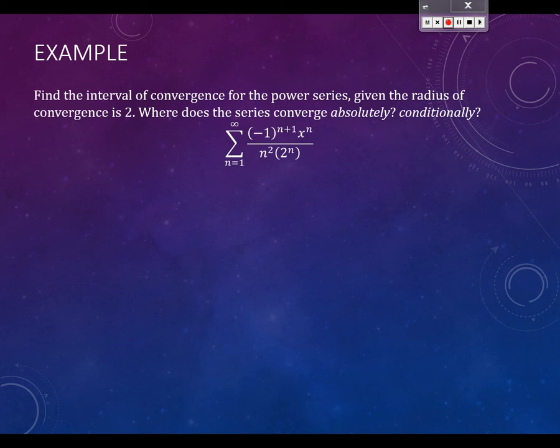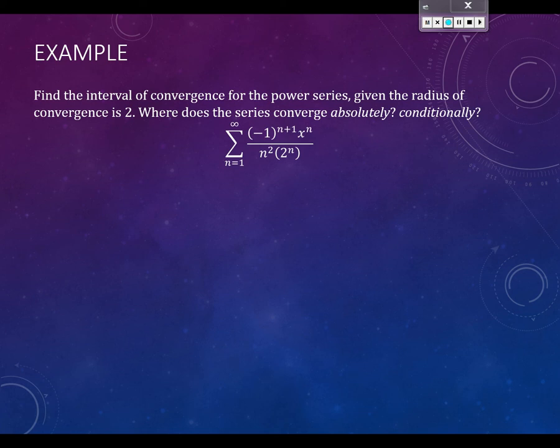The only thing with the absolute value piece, the other thing I should have said is, let me make sure I say this right: if a series converges absolutely, then it definitely will converge conditionally. I don't think I had that result up there.